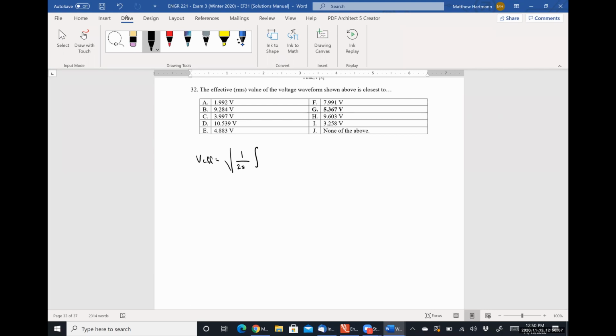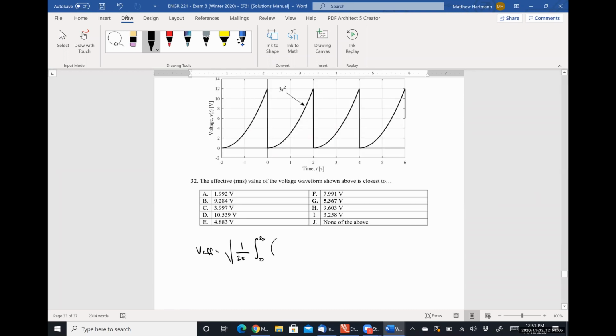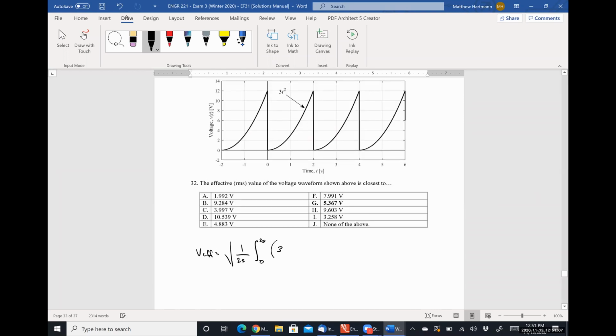We're going to integrate from 0 to 2 seconds of our voltage waveform, which we're told is 3t squared. Since we're finding the RMS value, we have to remember to square the voltage waveform.